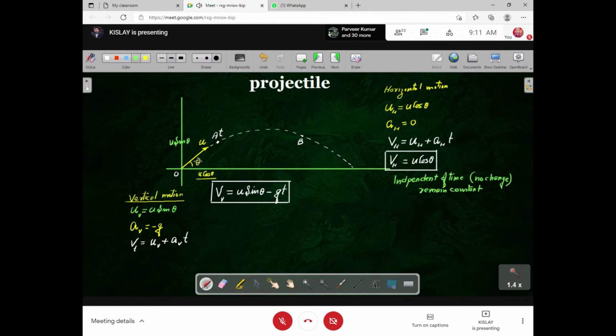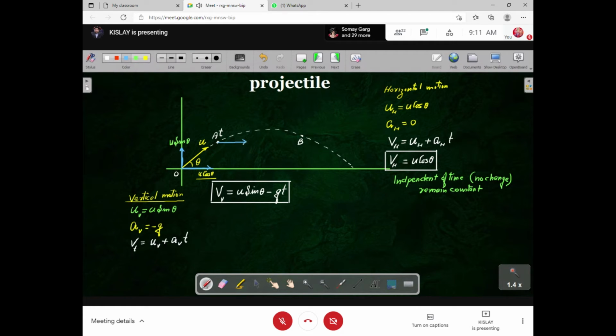So if we illustrate it in this diagram, suppose this is the horizontal velocity here. This is the horizontal velocity, and this is the vertical velocity, or simply the component of vertical velocity.